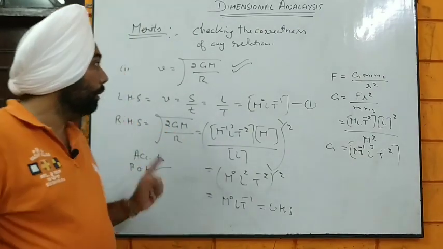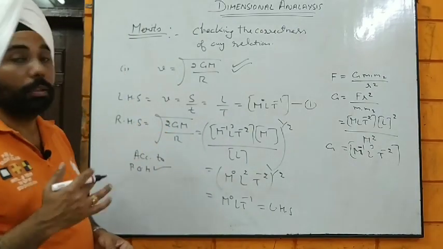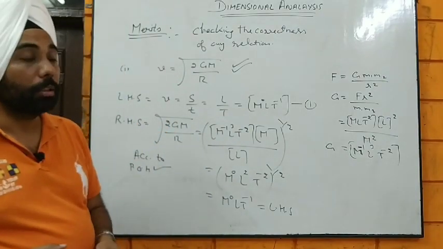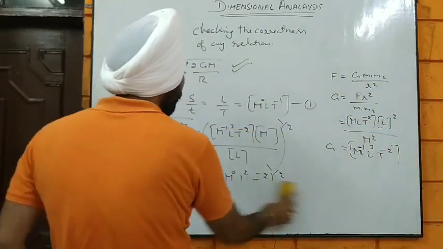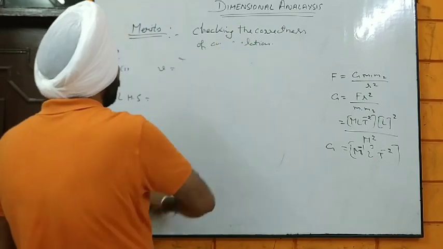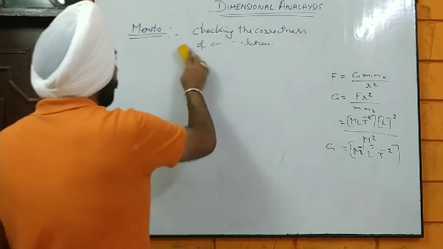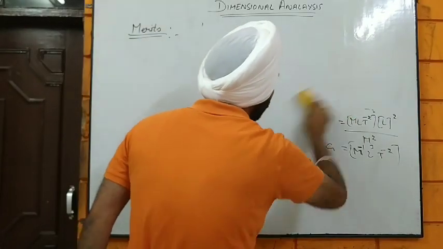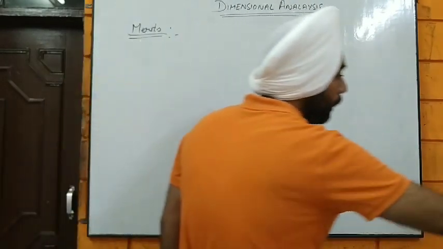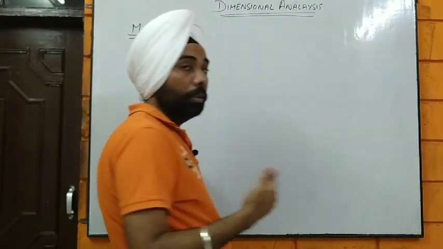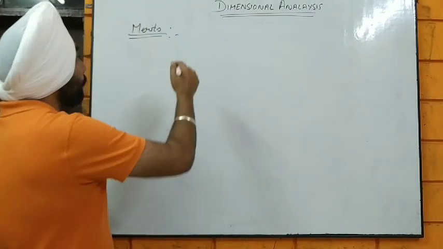So now the third part, the third use and third type of numericals of dimensional analysis. The third use is that in any given statement, you can easily calculate the formula. That is the third and last use of dimensional analysis, and the third type of numericals as well.